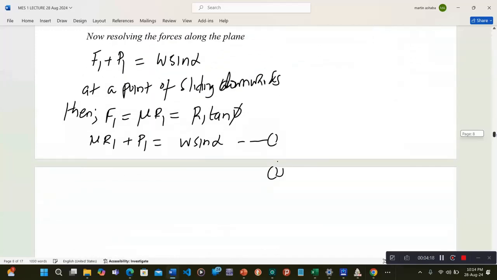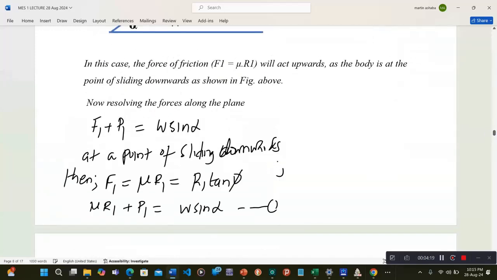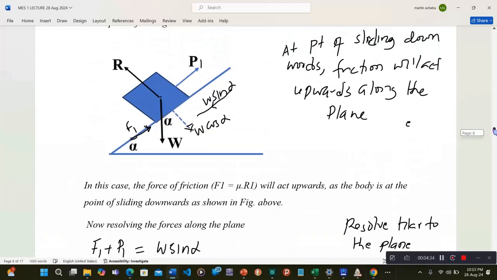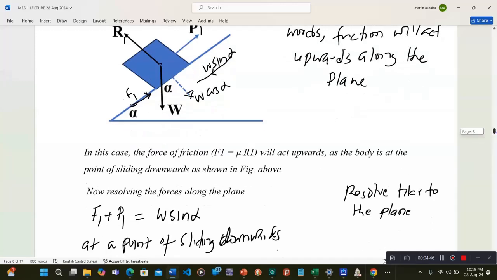Now resolve perpendicular to the plane. When we resolve perpendicular to the plane, we will see that R, maybe we call it R1, and W cos alpha shall balance each other.